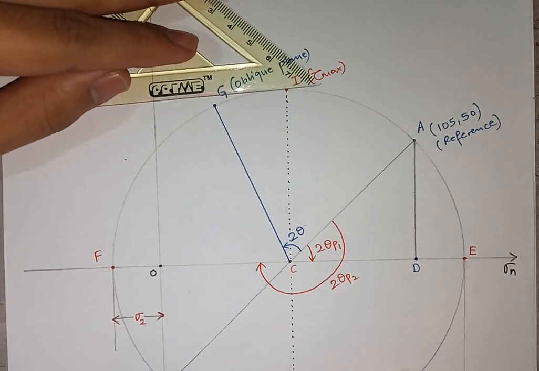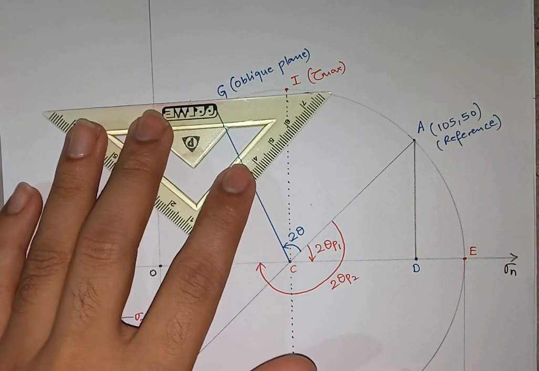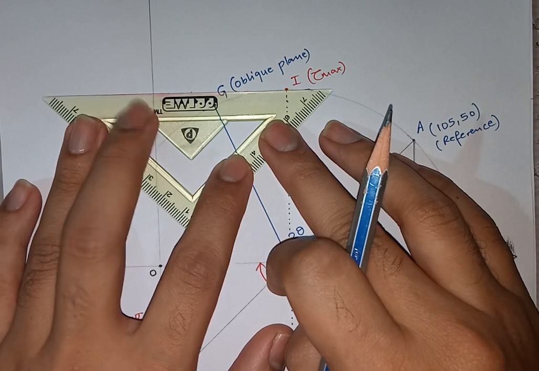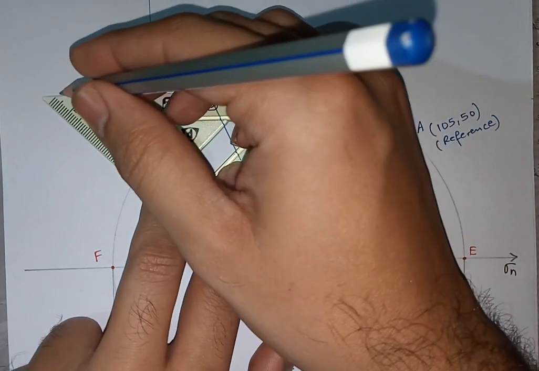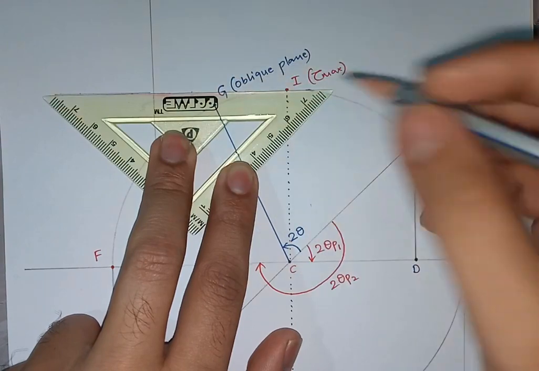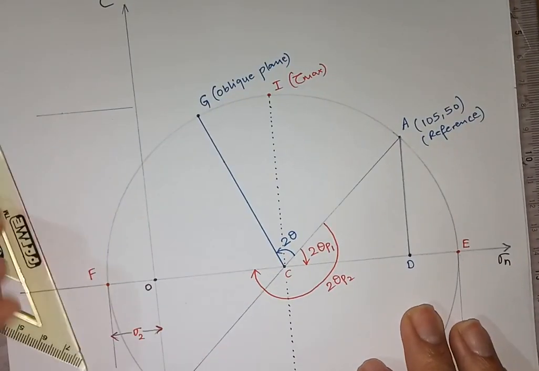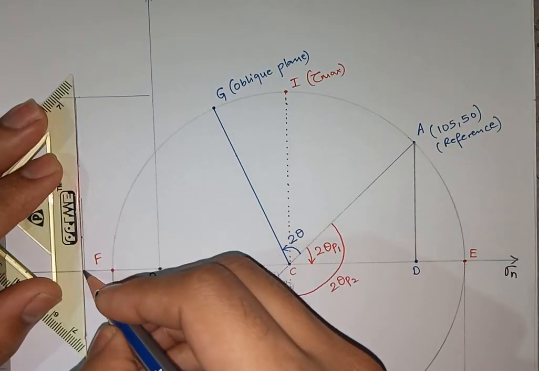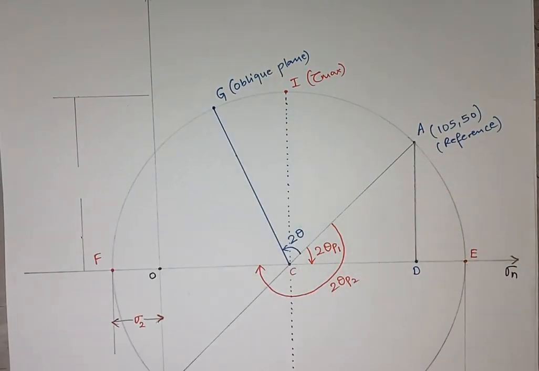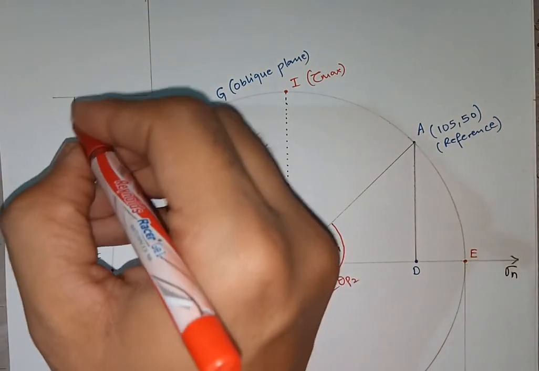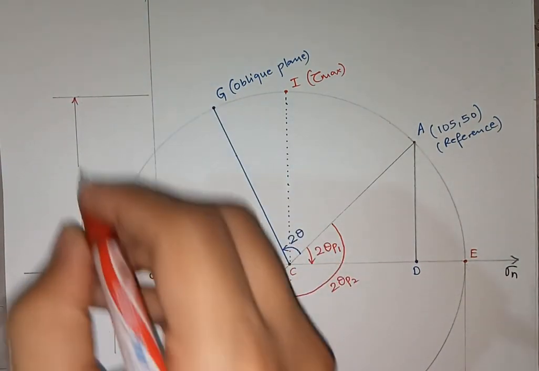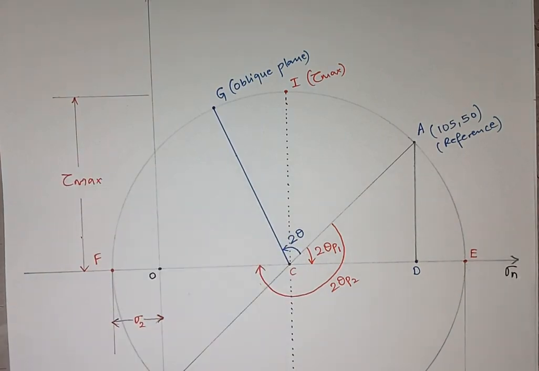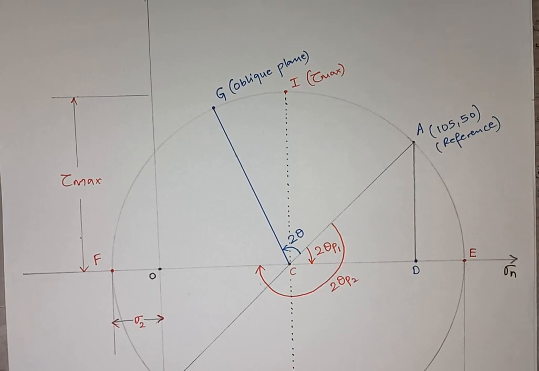So what I can do here is I'll just project it onto this axis, right? Projected onto this axis, this distance is tau max, right? Similarly on the other side, this distance will be tau minimum.